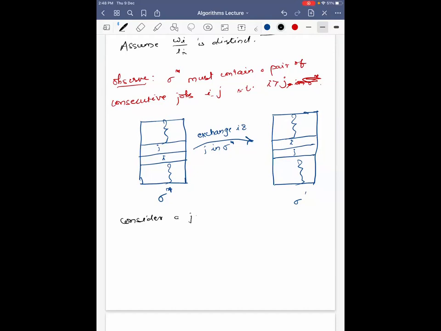So consider a job K. Now, if K is not equal to I or J, then what can you say about the completion time of K in sigma star and sigma dash? Will it be the same or different? It will be the same. Does everyone agree with this?